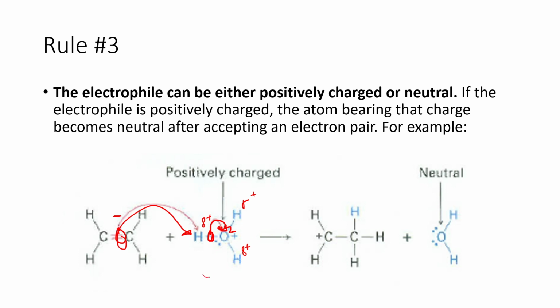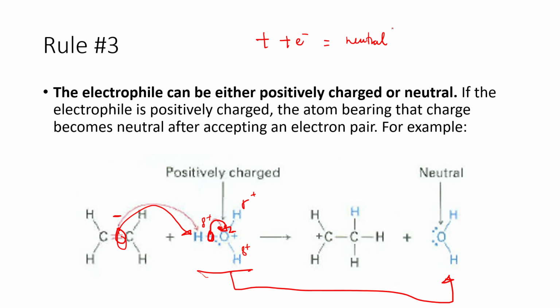So what happened to hydronium when it lost a hydrogen? It became water, it became neutral. We are talking about electrophiles, those that want electrons. So from positive, it gained electrons, it became neutral.